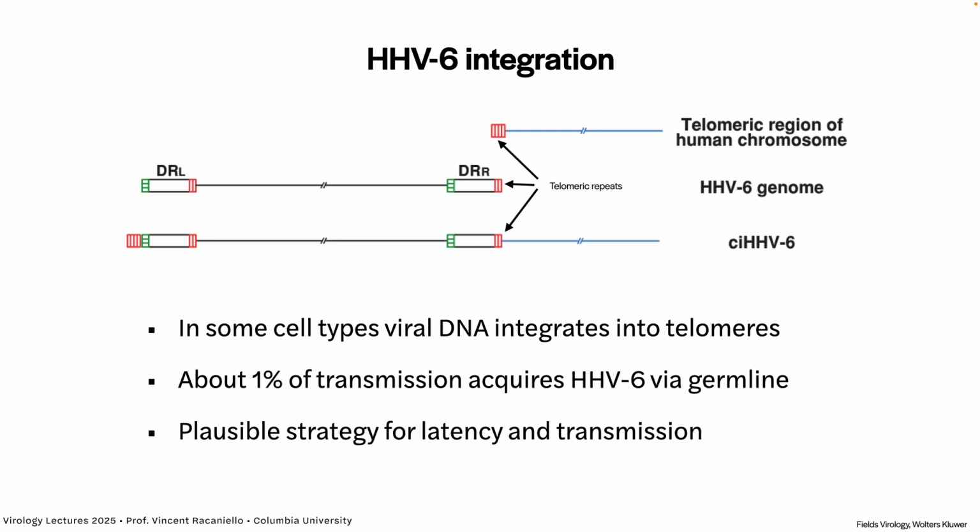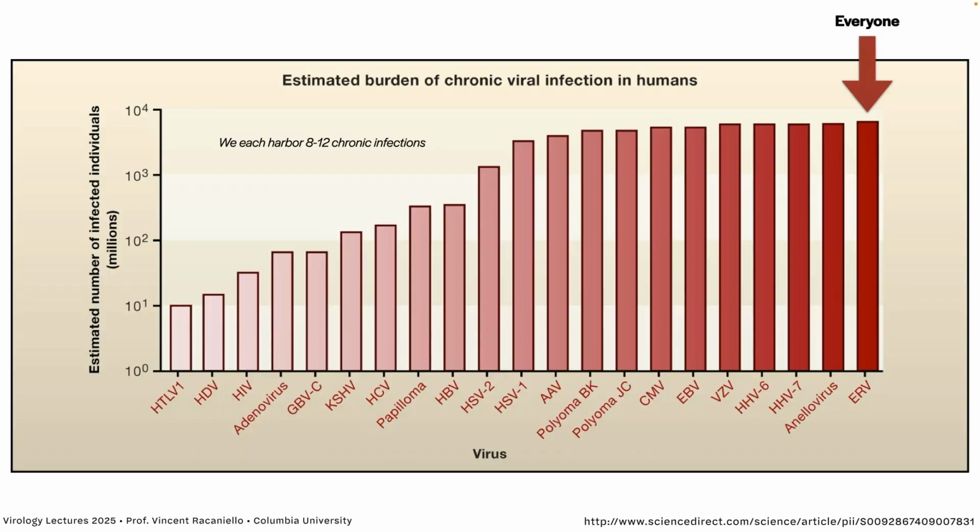So now the genome is at the end of the chromosome. And so about 1% of transmission occurs from parent to child via the germline, as if it were a retrovirus, right, a provirus. And so this is one strategy for latency: to maintain the virus genome in the chromosome and for transmission to other hosts by the germline.